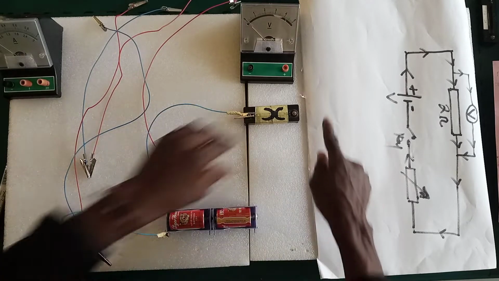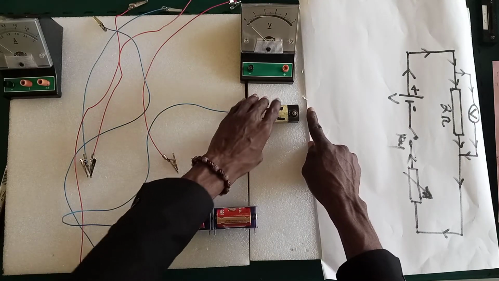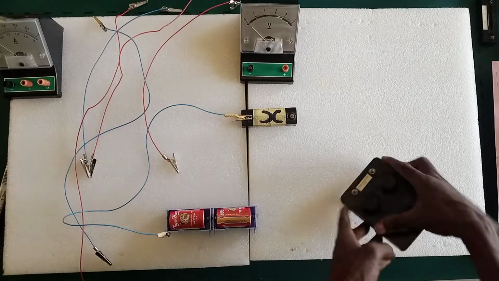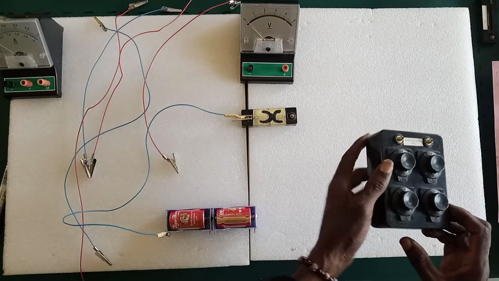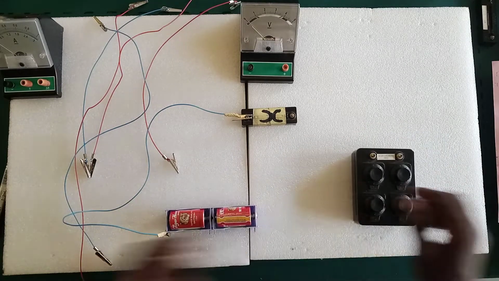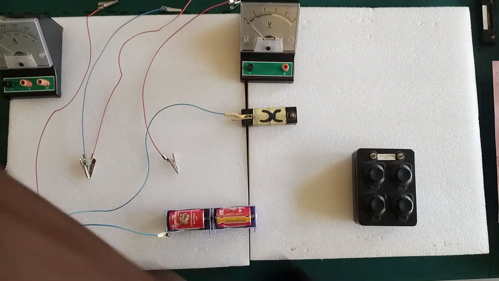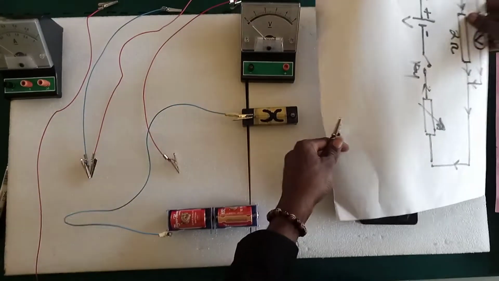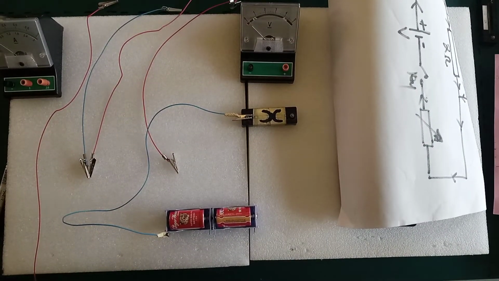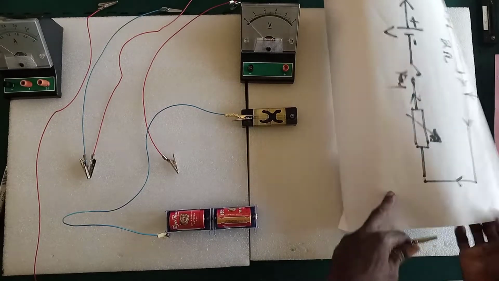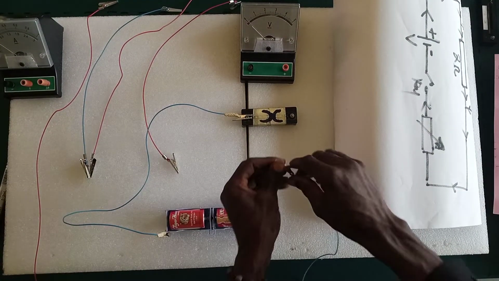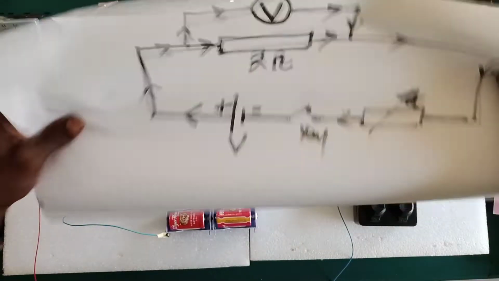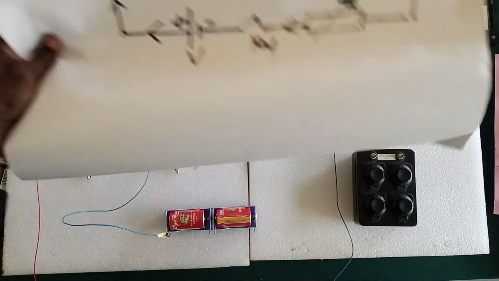Good. Now the resistor to the resistance box. So this is it. The resistor to the resistance box, from here to here.